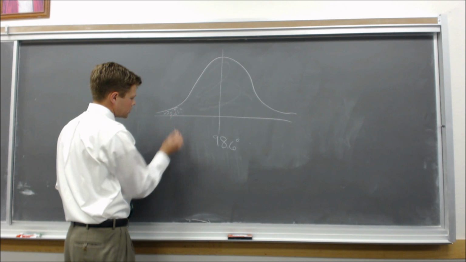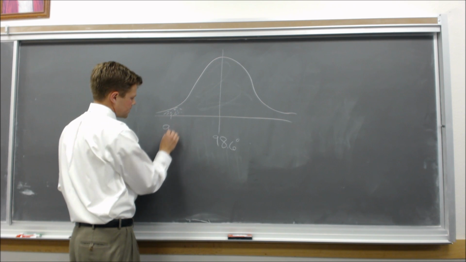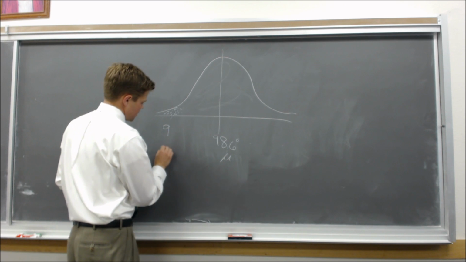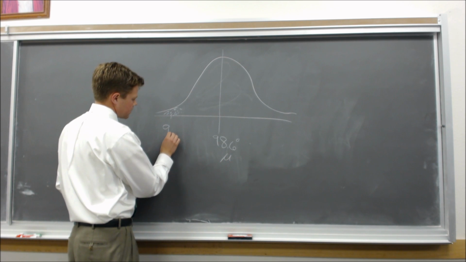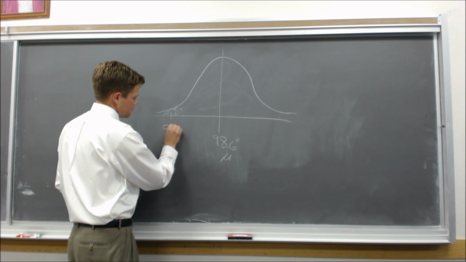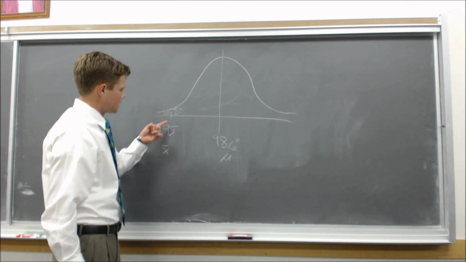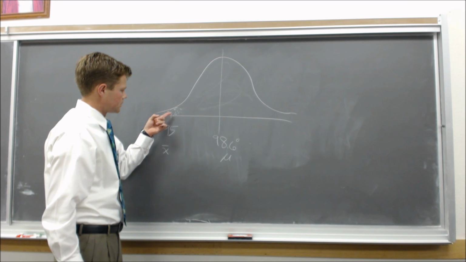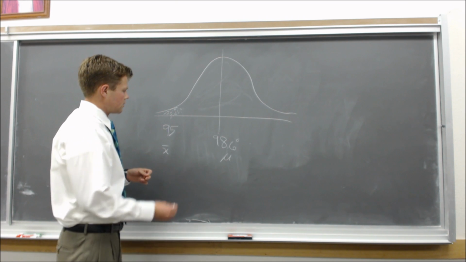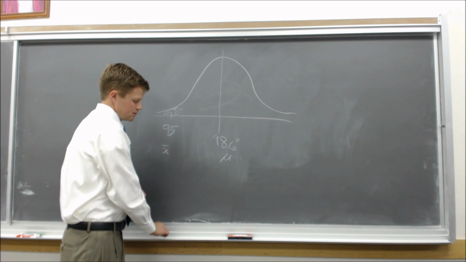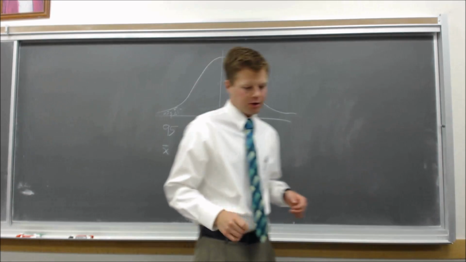And so this is our mu, and it's possible that our x bar, the mean of our sample, could be 95. Now, what is the probability of that actually happening? That's what your p-value is.